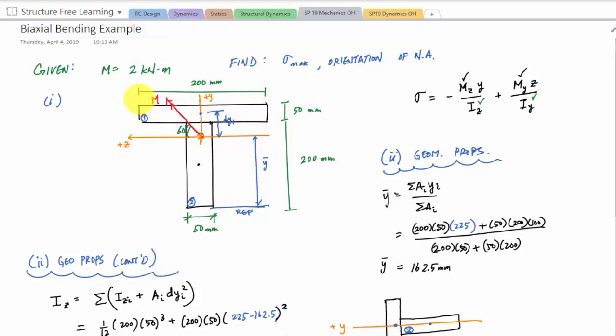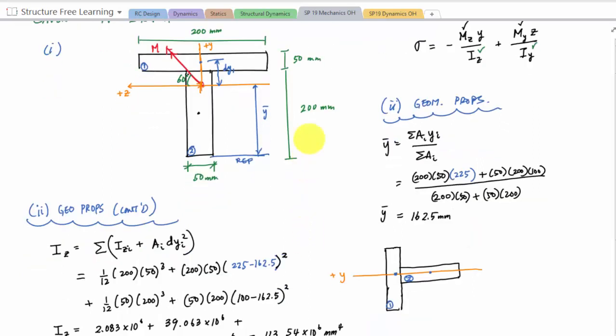And this one is kind of challenging because the way that we looked at the largest normal stress due to bending was the furthest distance from the neutral axis. And here, because we have this unsymmetric bending, we don't know the orientation of the neutral axis. So it usually helps to find the orientation of the neutral axis so that I can at least get a sense of the furthest point from the neutral axis.